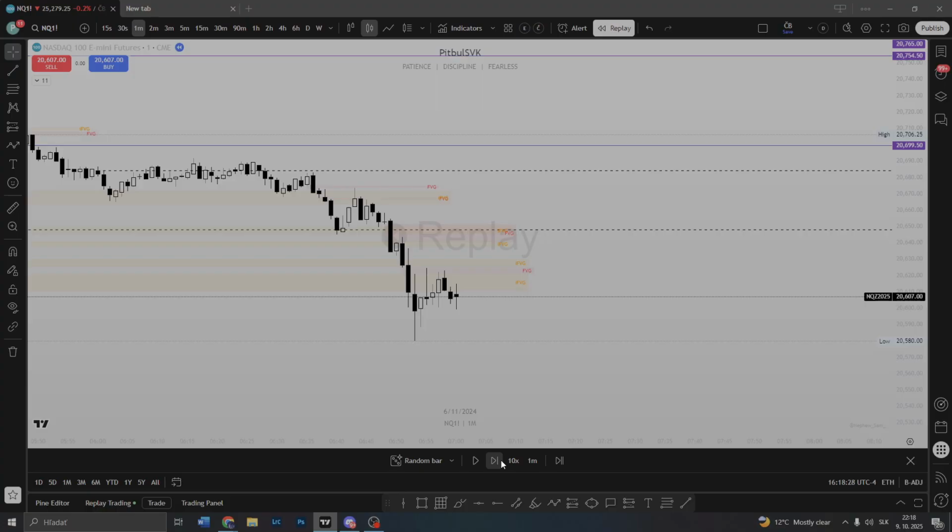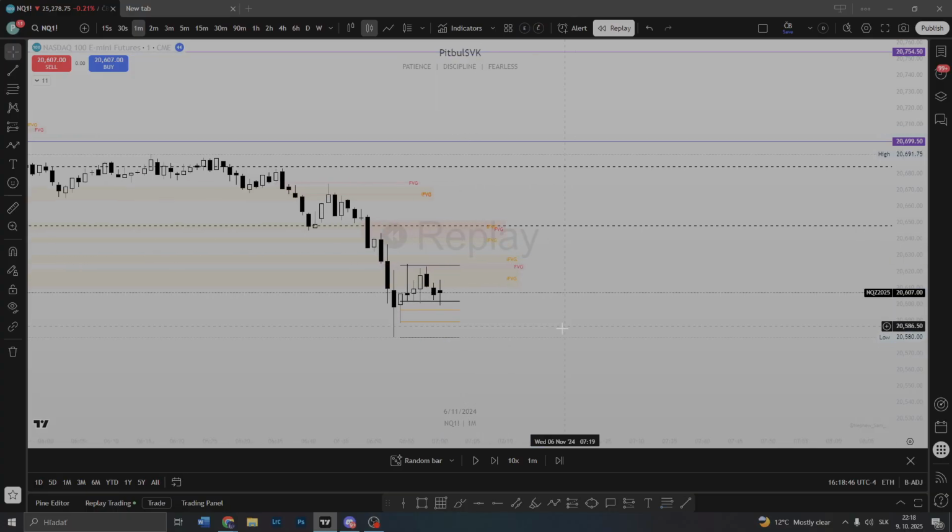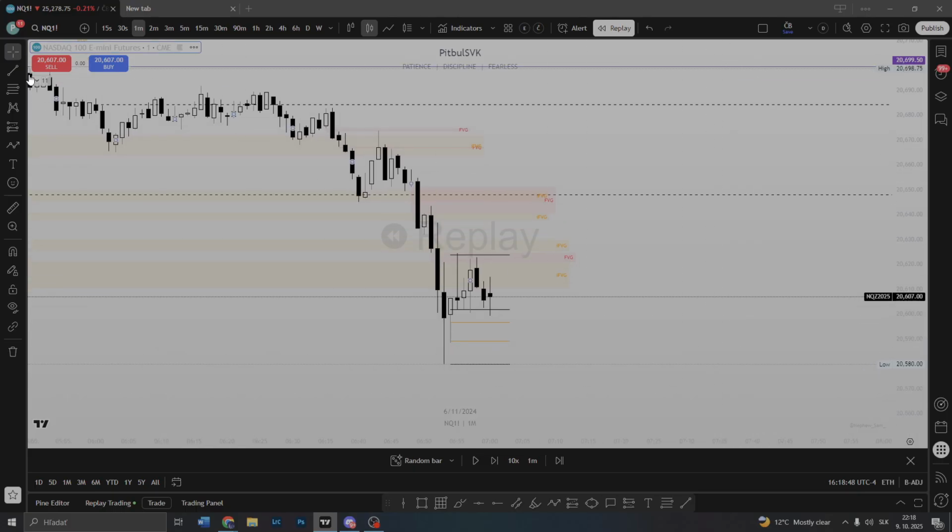Again, so now I'm not sure if this is manipulation. If I'm not sure if this is manipulation, I'm waiting. If this is my manipulation for longs, this is my turtle soup, and now we should be creating that fair swing. We can put the OTE from the low right here to the high, and now we are waiting. If I get a strong closure above this point, I might enter the trade.